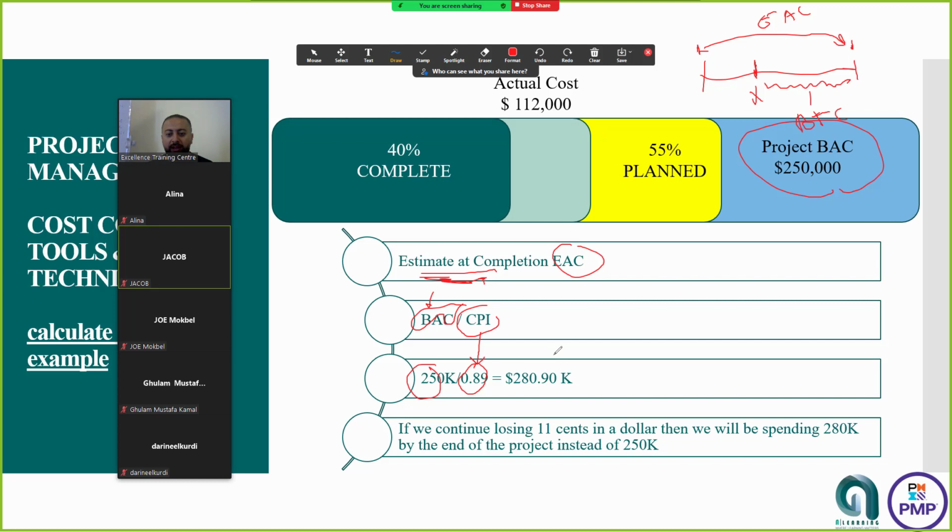What we have already budgeted or planned is 250. What we will use to finish the work, the estimate at completion, is 280. That is larger than what we have estimated, which means we will finish the whole project with a very big addition of cost.